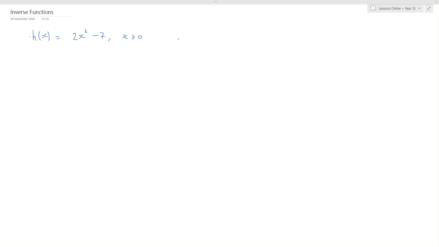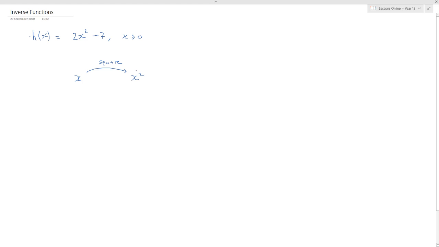So let's have a look at this function h of x, which is equal to 2x squared minus 7, where x has got to be greater than or equal to 0. If I start with x and I want to get to this function 2x squared minus 7, the first thing I'm going to do is square that x function. When I square it, I get x squared.